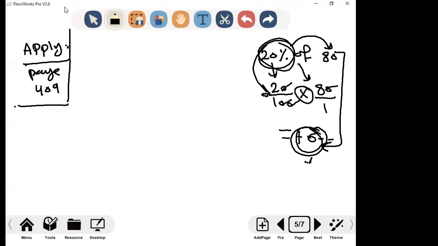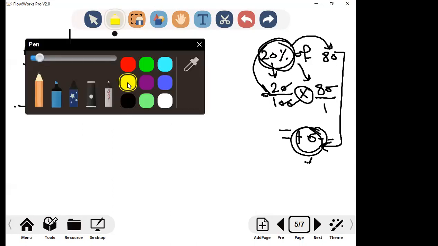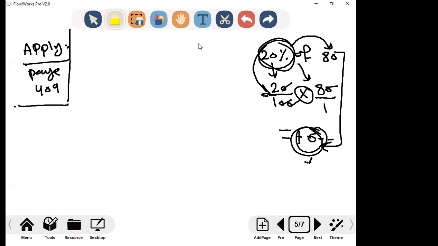Now in the apply question, they said a space shuttle scaffold has the angles shown. Engineer angle, see it, with the yellow here.